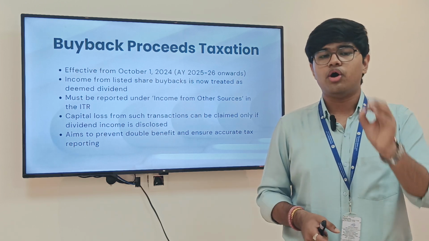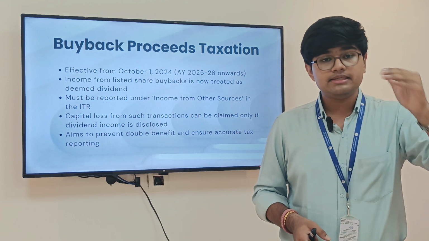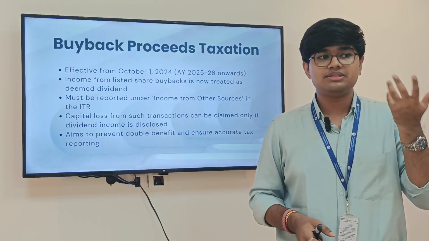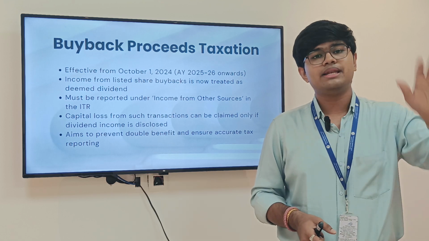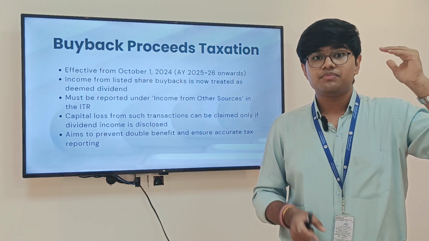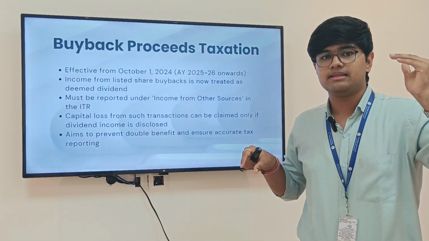Now keep in mind, although you are declaring the income under income from other sources, under the head capital gain, the cost of share you will have to mention. Why? Because shares come under capital gain, right? So in capital gain you have to show the cost of shares, but the sale proceeds will be zero. Why zero? Because the income will be shown under other income.